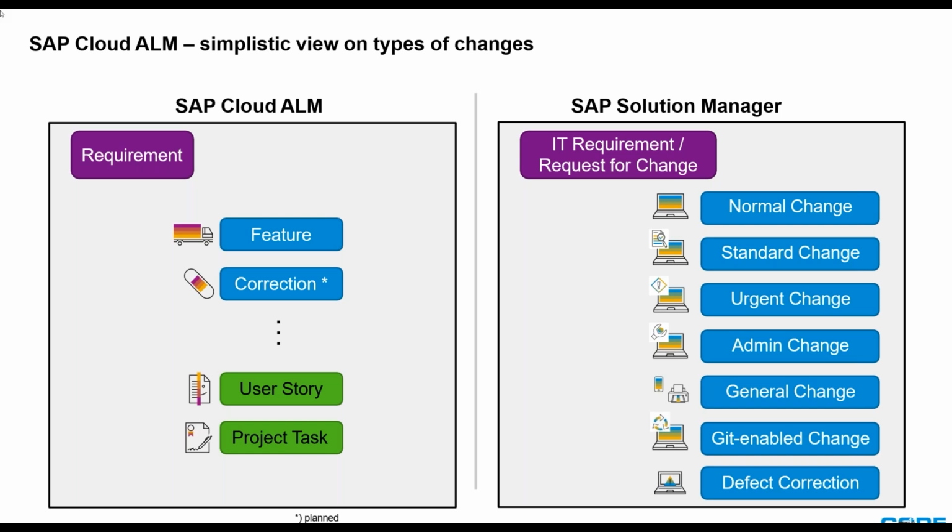In addition to that, you'll have features, which actually will manage different types of transports within your landscapes, let it be a cloud environment or something that you have on-prem, and it has a certain workflow that you would go through within Cloud ALM. You could also tie different user stories and project tasks into that feature in order to deliver a change into a productive environment.